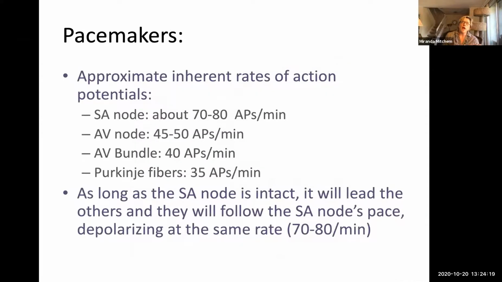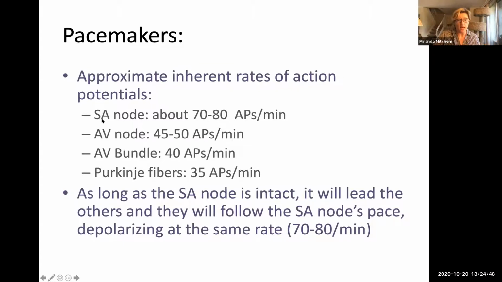Okay, so now let's talk about the action potentials at different points in this conduction system. The way I like to think about it, and your book describes it this way, it's like a game of follow the leader. So imagine we're all kids again and we're outside, and the leader of the group is the SA node. The leader is setting the rate at about 70 to 80 action potentials per minute.